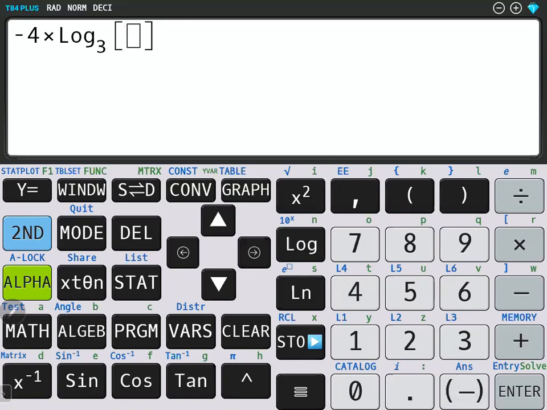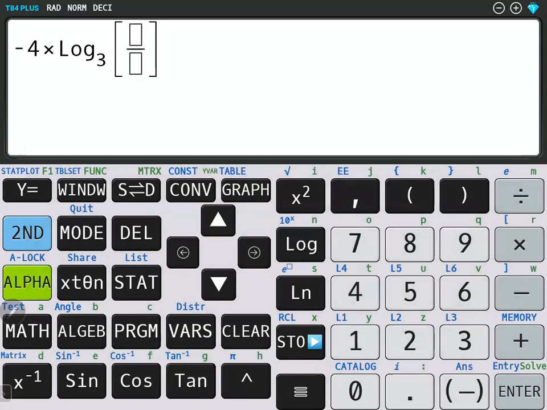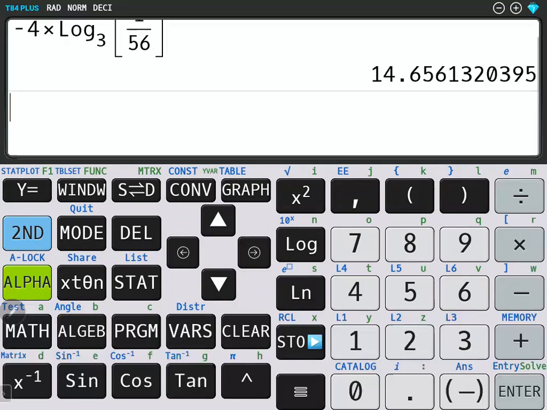How can I write the fraction? Alpha and y, and choose this one. So the numerator is 1, go down, the denominator is 56, and then enter. So we get the answer. If we round this number to a whole number, the answer is 15.